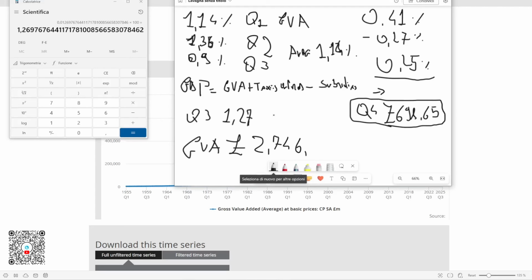So our gross value added growth for Q4 is 1.27%.